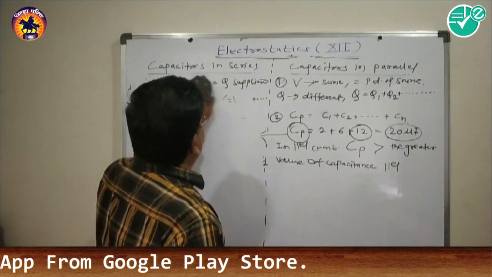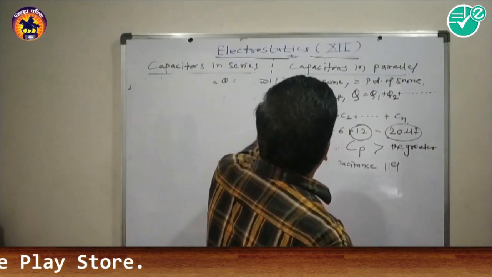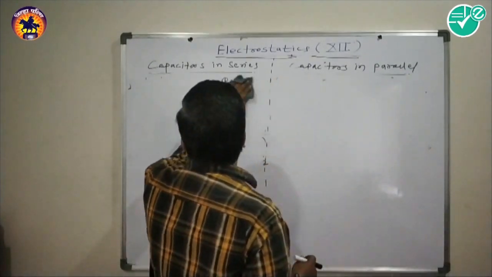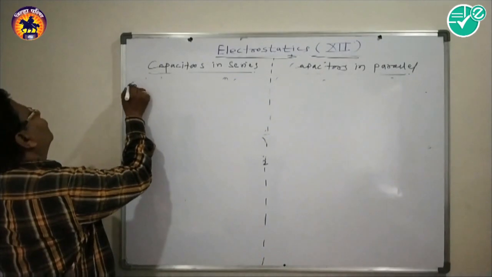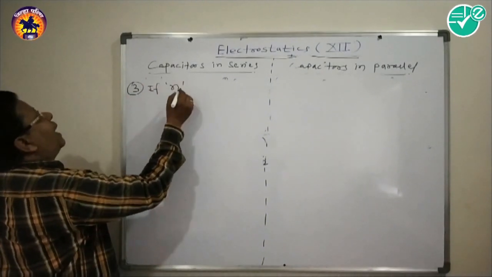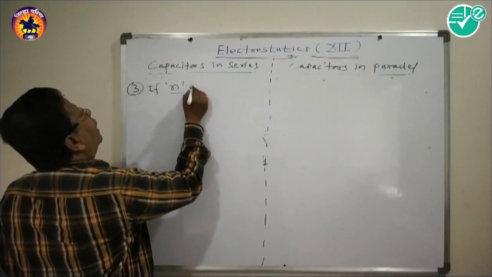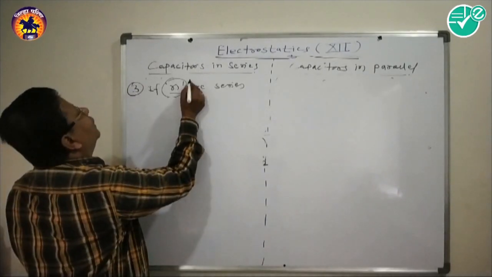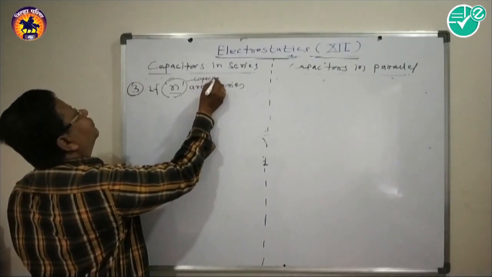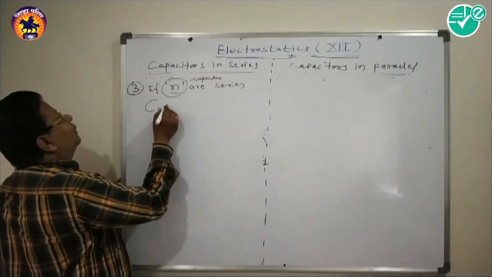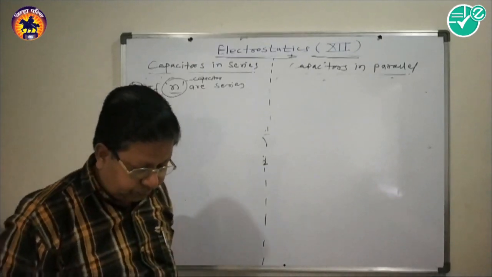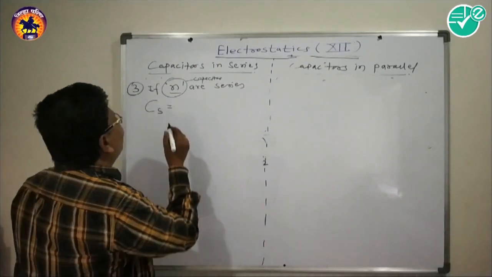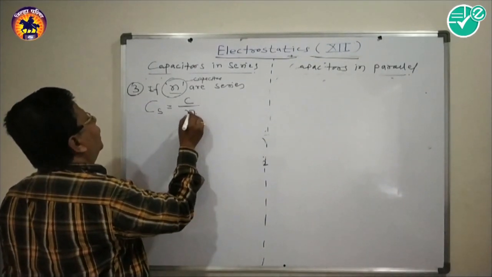Now next point is, if n identical capacitors are connected in series, then Cs is equal to C divided by n.